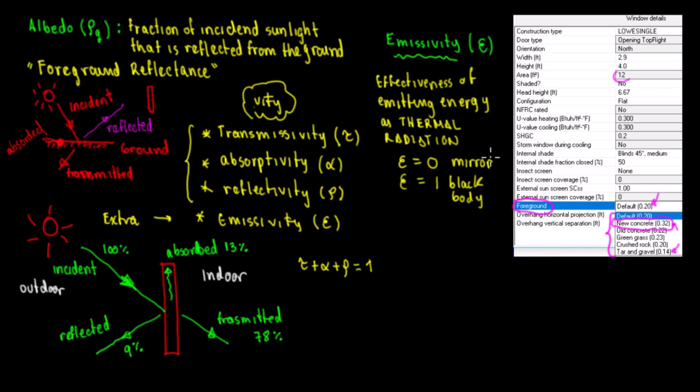So let's see if we have a window. Let's put the window like this in green, and let's put another window right here. Let's say that this one is summer.